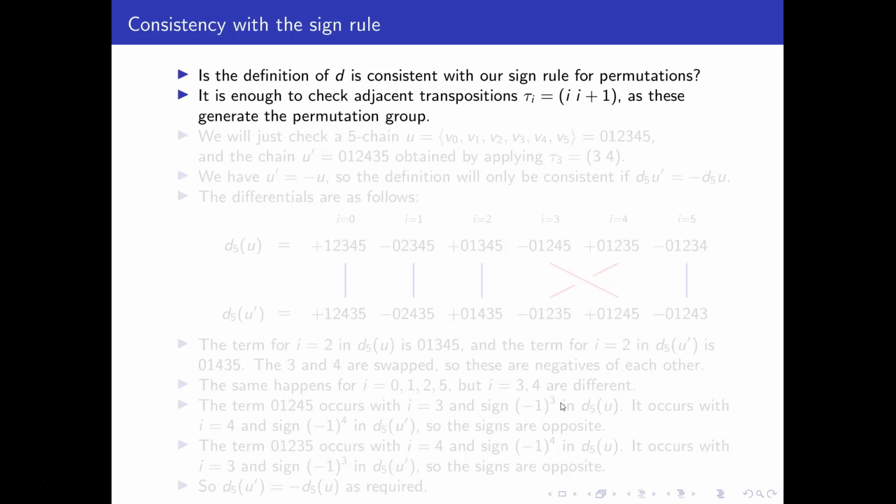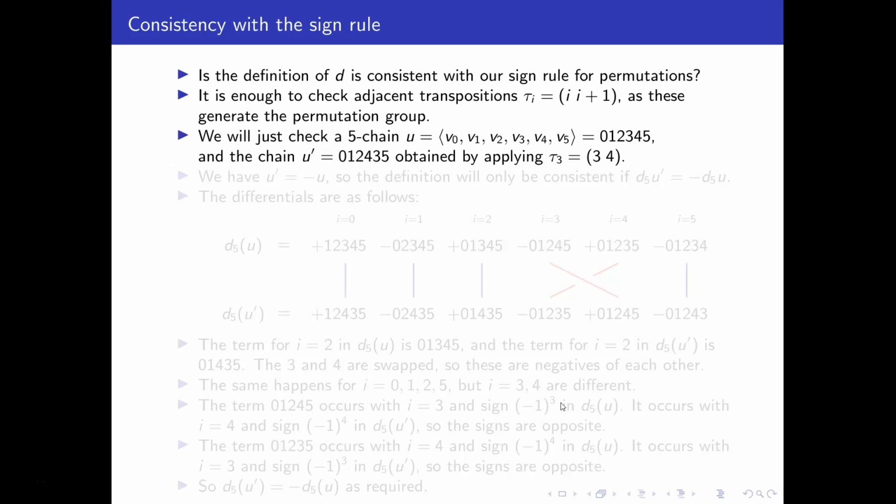Now, in the permutation group, the simplest kinds of permutations are these adjacent transpositions, t_i, that just exchange the ith and (i plus first) entries in your list. And it's a standard fact about the permutation group, that I hope you remember, that these adjacent transpositions generate the full permutation group. Because of that, it's going to be enough to check that our definition of d is consistent with the action of these adjacent transpositions t_i.